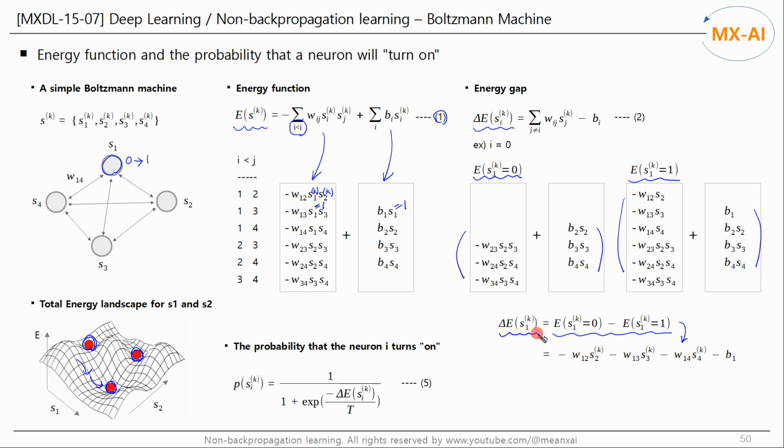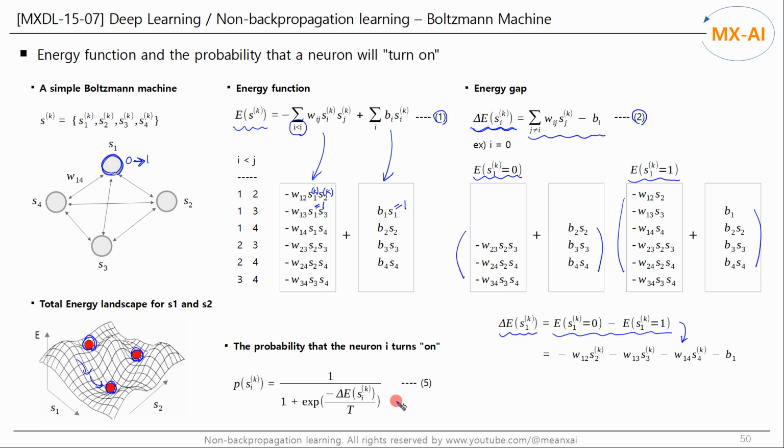This is delta E, and it represents how much the energy increases or decreases when the state of neuron 1 changes from 0 to 1. Therefore, the energy gap, or delta E, can be generally expressed as follows. This is equation 2 of the paper.